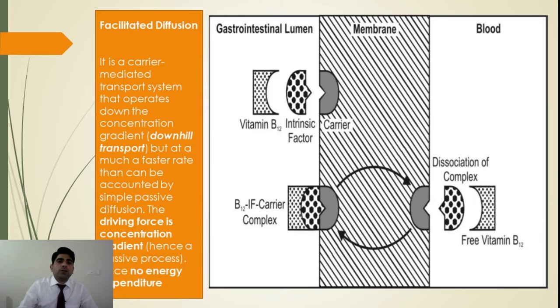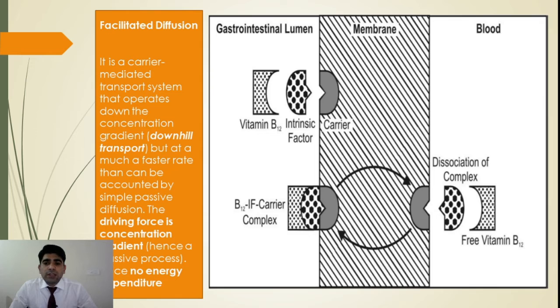So now we are coming to facilitated diffusion. This is also a kind of diffusion, but how is it different from the previous one? In this case also no energy is involved, no ATP is involved, and it takes place along the concentration gradient.